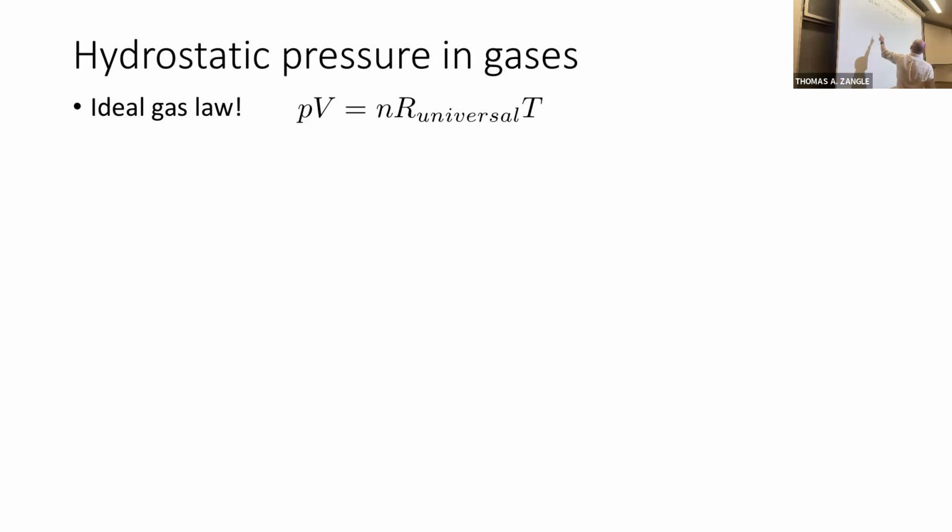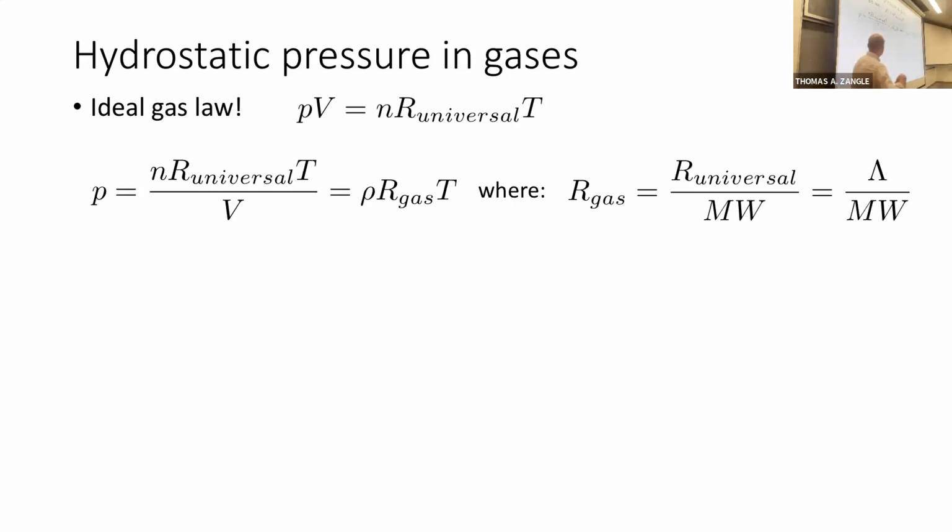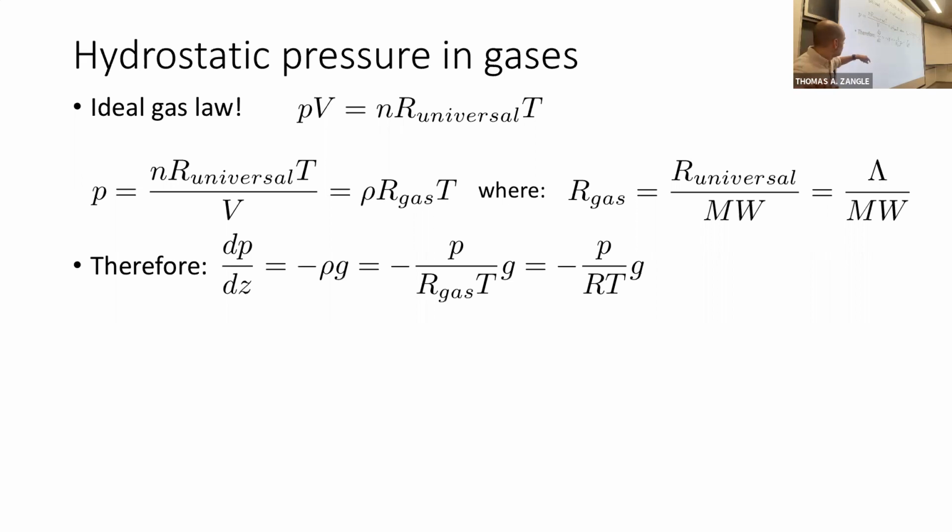One way to approach this is to start with the ideal gas law. PV is nRT, as written in the book. We can use it to solve for the pressure as rho times R times T, with R the gas constant. Now we'll notice here that the density is a function of the pressure.